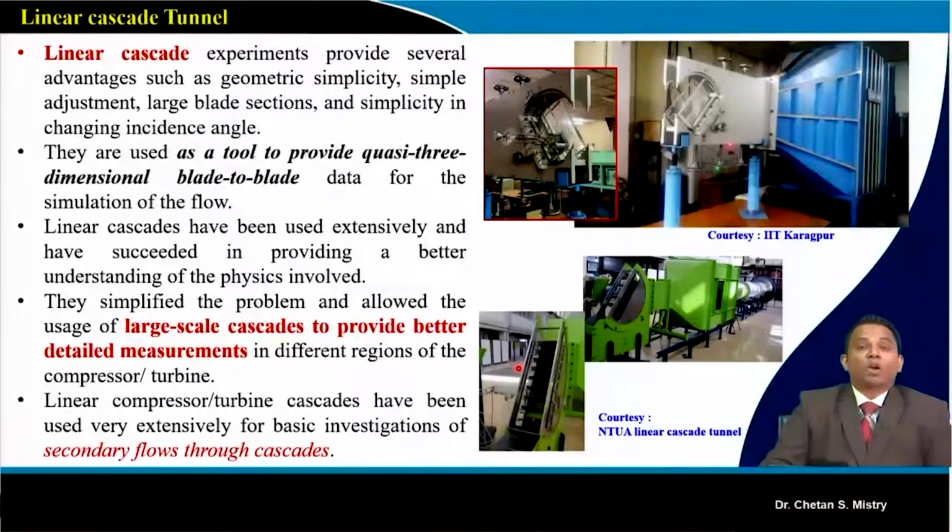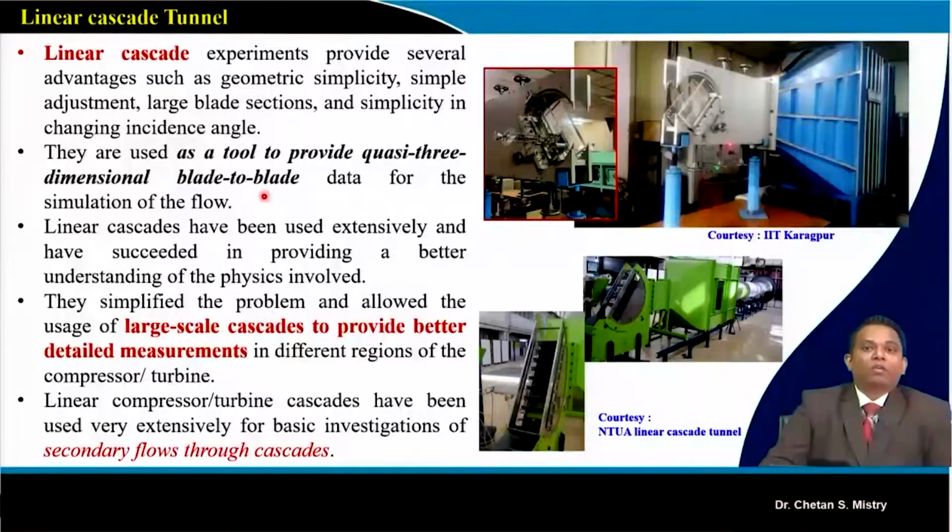In order to have a systematic study of that kind of flow, where exactly transition happens and how the flow behaves on the suction surface, you can imagine the size of blade required will be larger. Then only can we go with detailed measurement of each phenomenon happening on the surface. So by using this linear cascade, we can provide quasi three-dimensional blade to blade data.